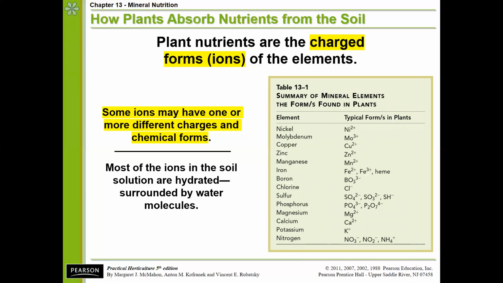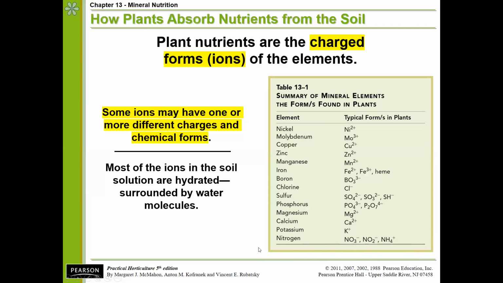And some of these ions can have different charges in different chemical forms. As we can see, if we look down here in nitrogen, we've got ammonium over here on the far right, NH4 plus, it's a cation, but then nitrogen in the nitrate or nitrite form is negatively charged.